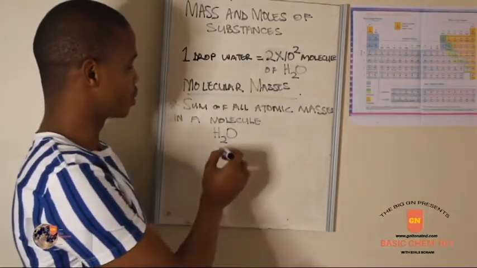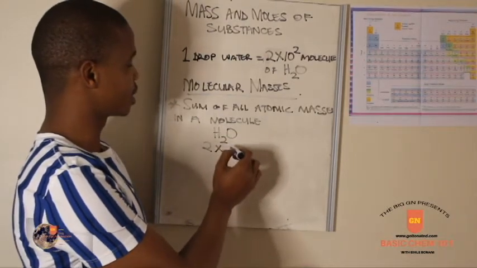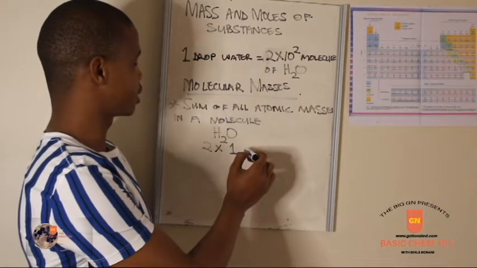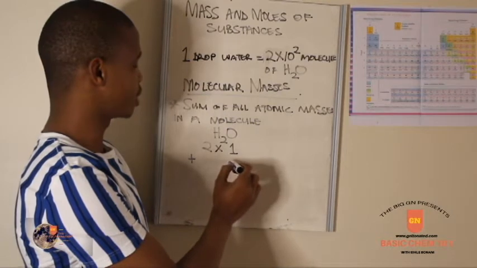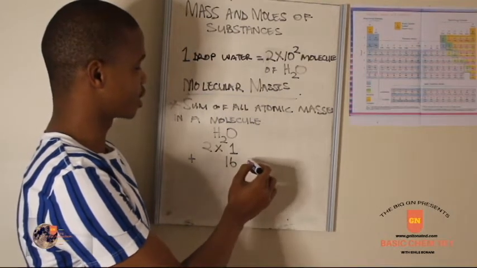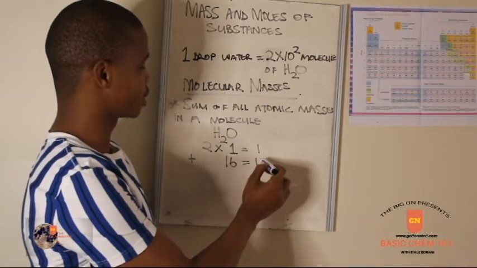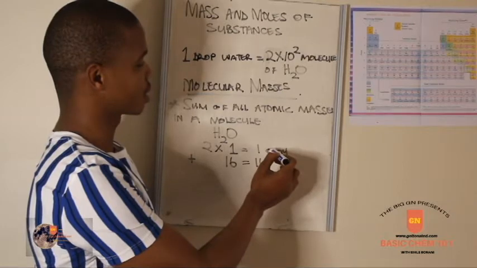which would be 2 times the atomic mass of hydrogen, which is 1, plus the atomic mass of oxygen, which is 16. This will be in atomic mass units.